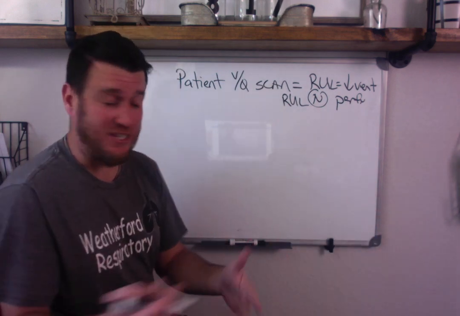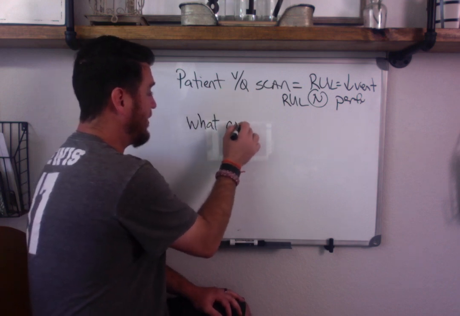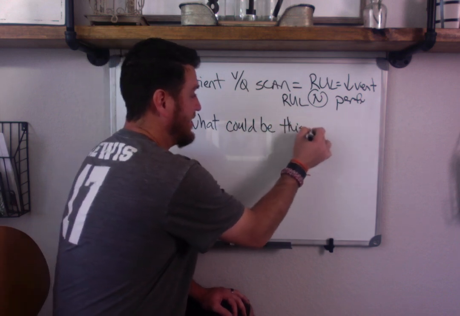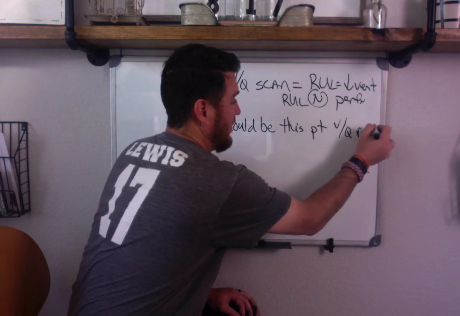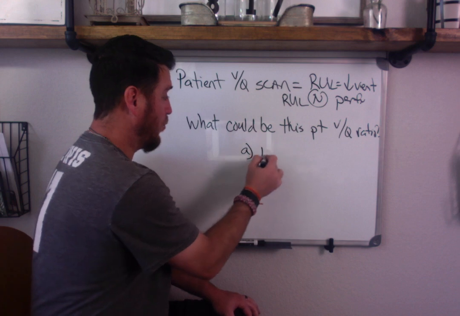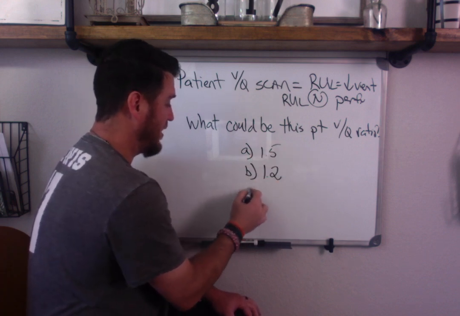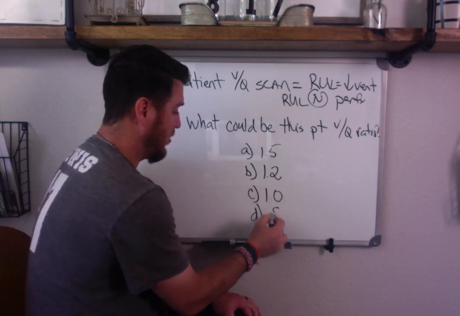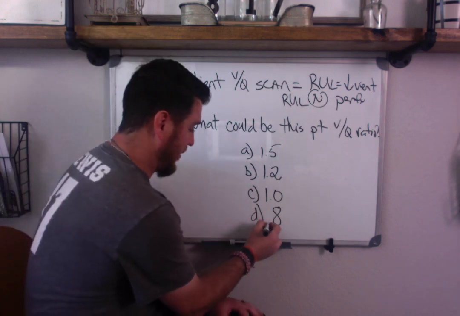And the question was, what could be this patient's VQ ratio? Option A, 1.5. Option B, 1.2. Option C, 1.0. And option D was 0.8. Now, this is a point.